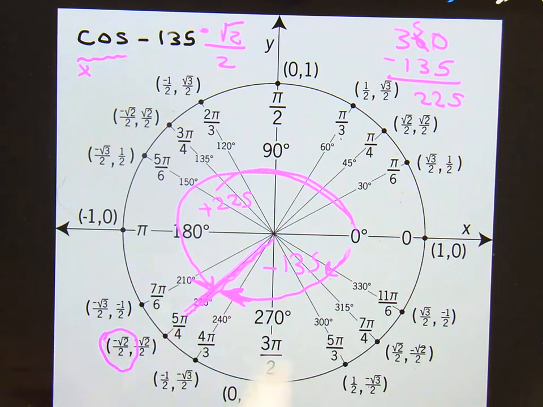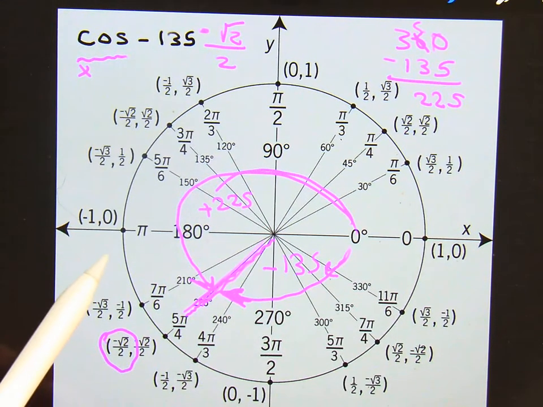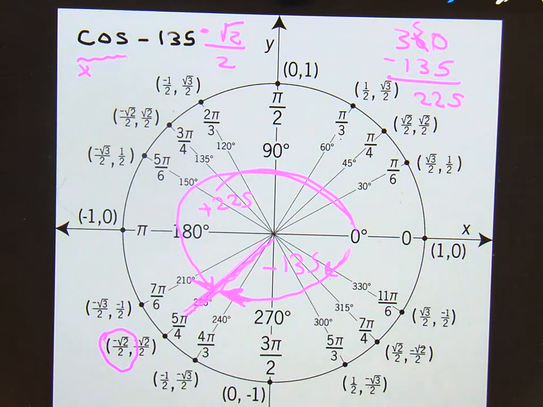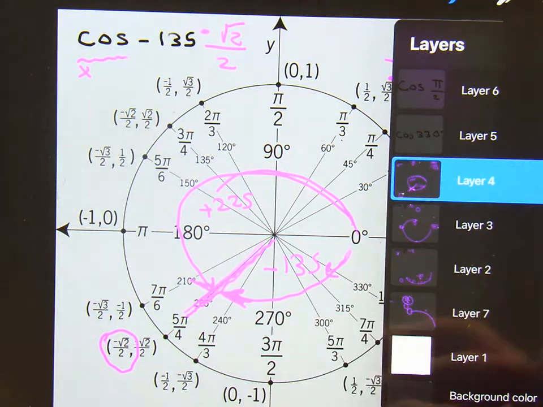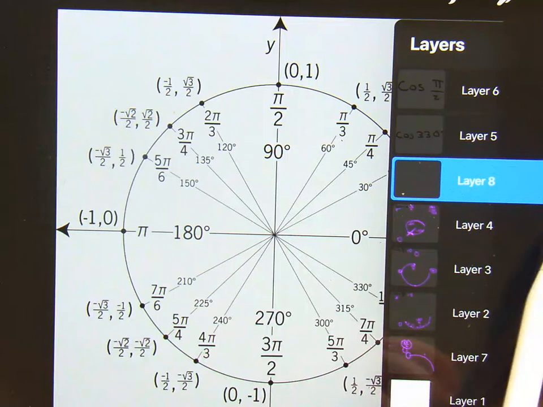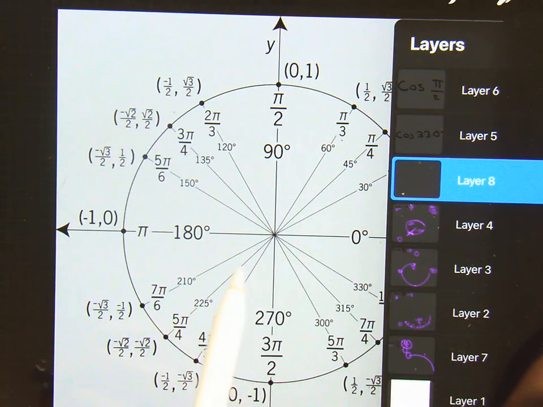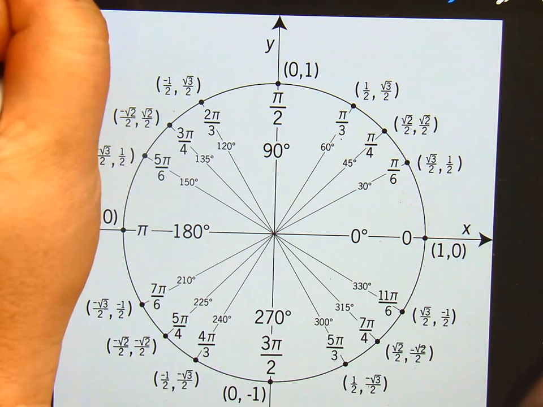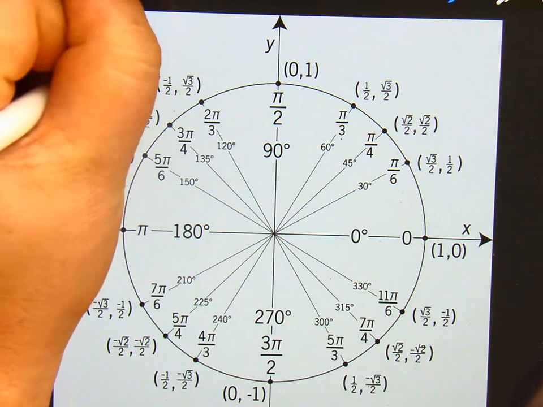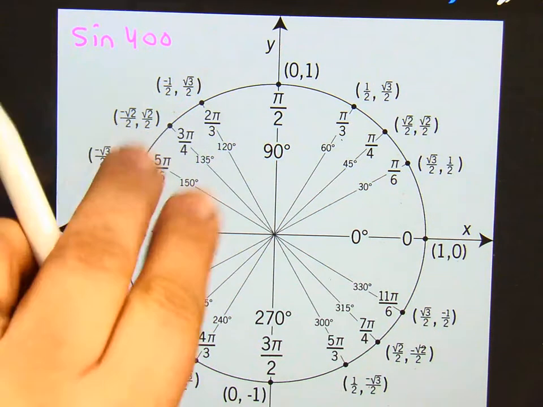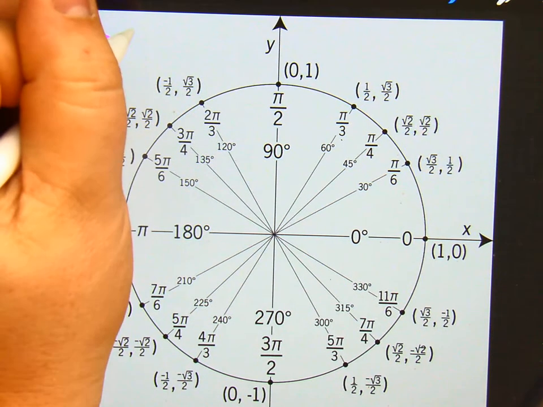Okay. And if we have a value that's greater than 360, then you subtract the 360 to see what's left over. So let's see an example with that in play. Let's say I had a sine of 400. Oops, I want sine 500. Let's do 500.